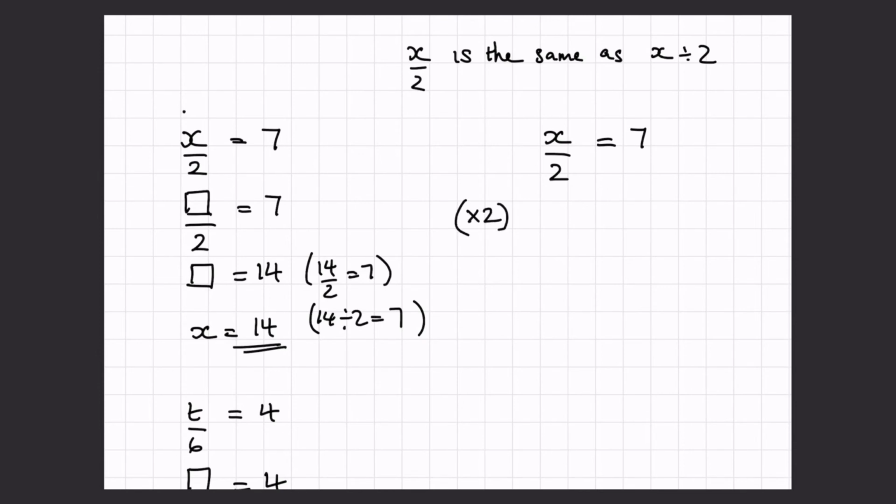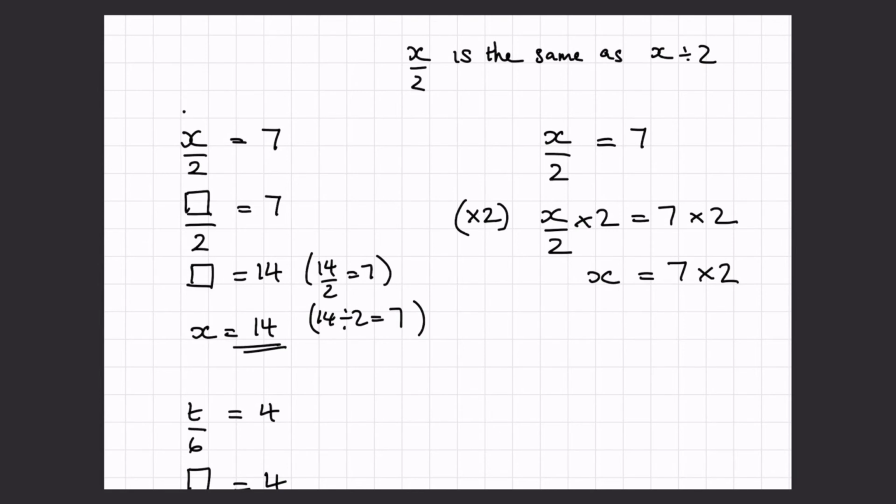So I'm going to end up with x over 2 multiplied by 2 is equal to 7 multiplied by 2. I'll write it out like this. There's a neater way in which to do this, but let's just write it like that so you can see what's going on. We end up with x on its own, and we end up with 7 multiplied by 2.